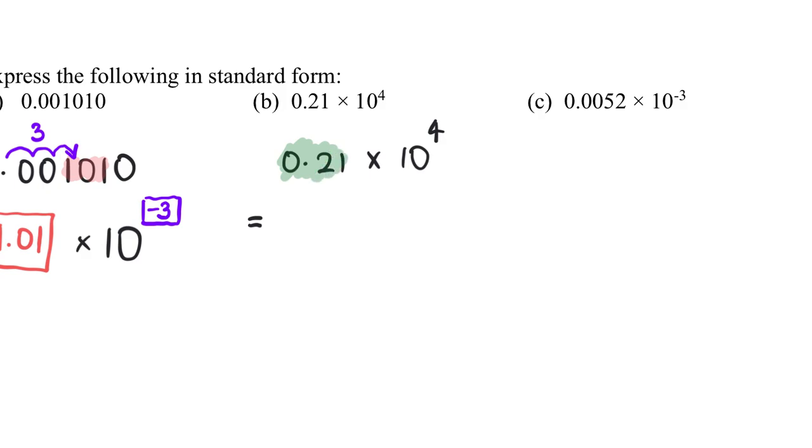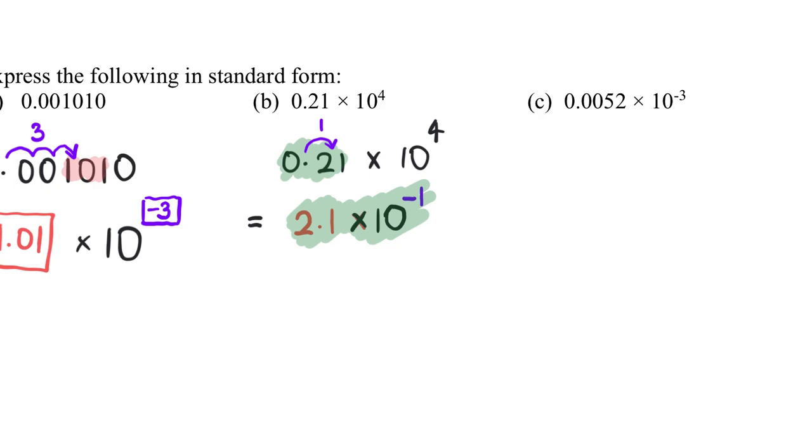Now that I know that I must have this, this is a small number, so I will write 0.21 as 2.1 multiplied by 10 to the power of -1. This is for my 0.21.